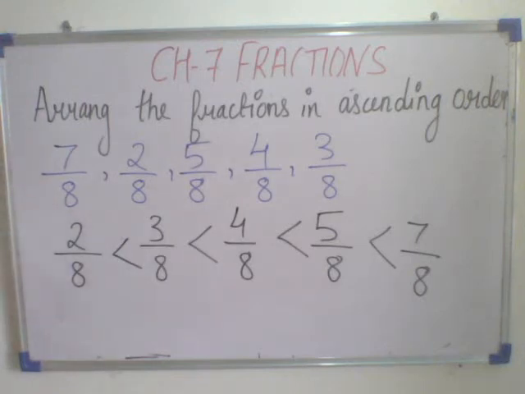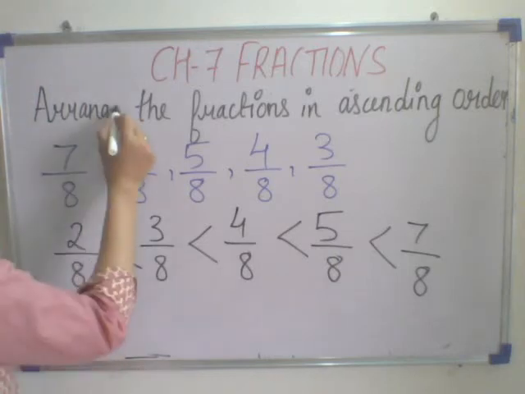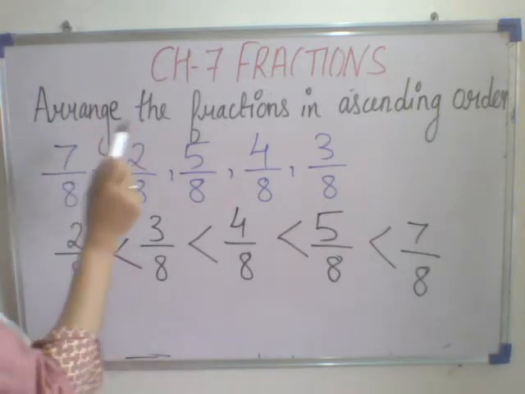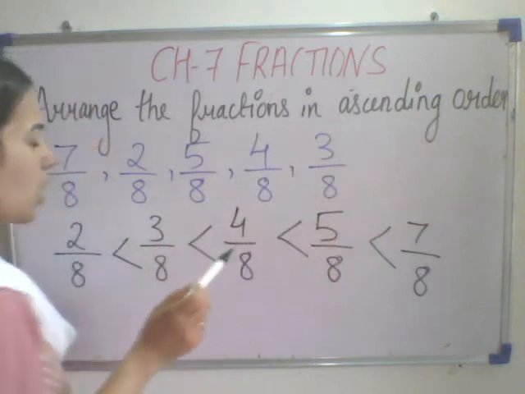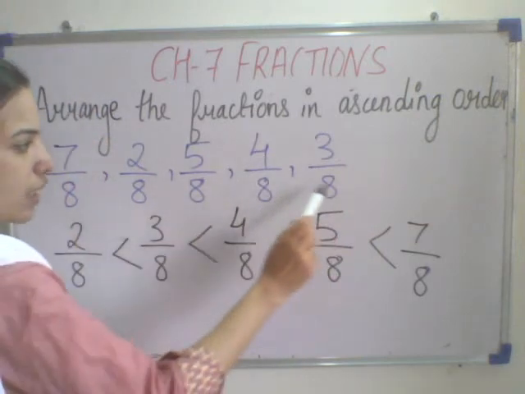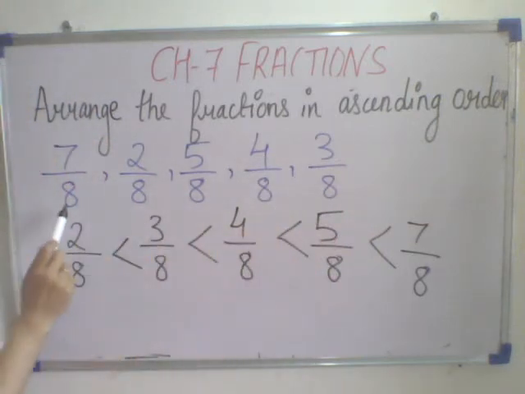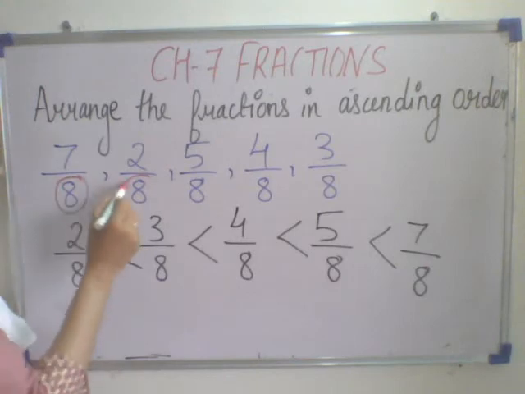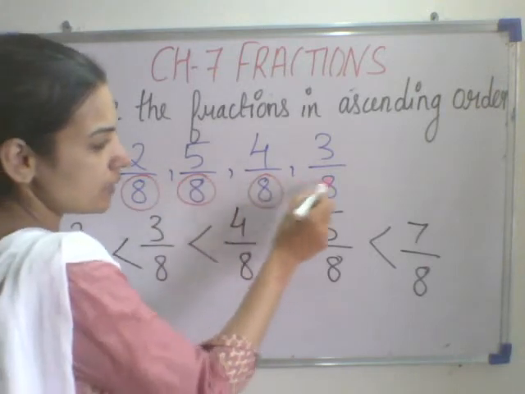So let us revise this question. In the question it is given that you have to arrange the fractions in ascending order. You can see that the denominator is common, 8, 8, 8, 8 and 8.